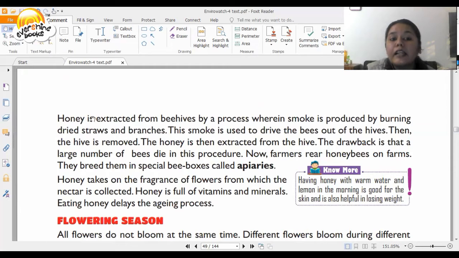Then what happens? Honey is extracted from the beehive by a process wherein smoke is produced by burning dried straws and branches. The moment you see beehives on trees, someone who has to take honey from them knows that honeybees can actually attack someone. So what is it that people do?